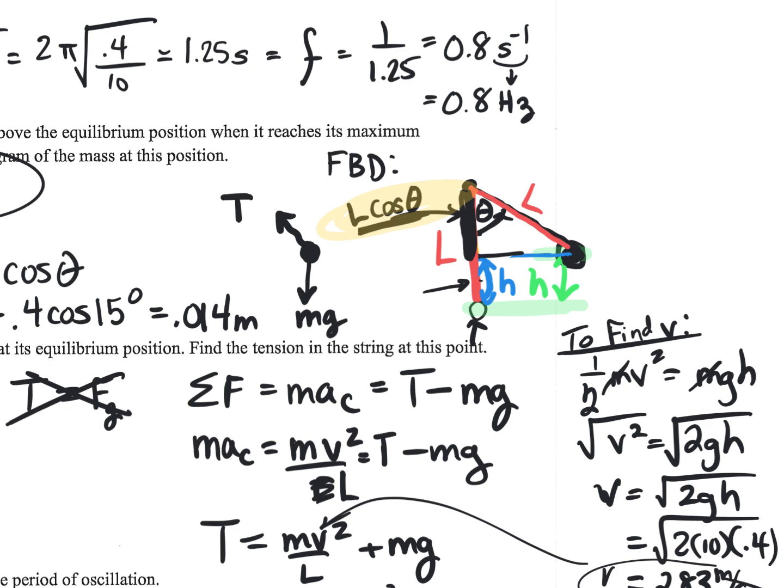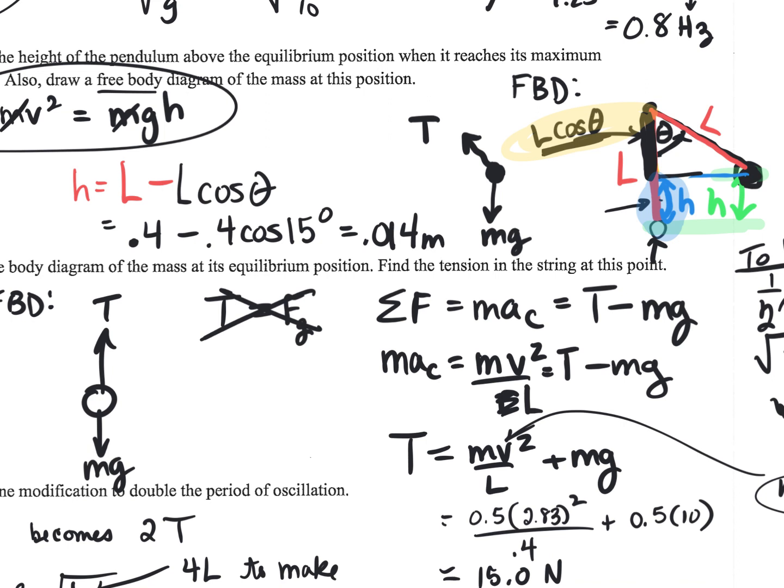Okay? So you need to know that this chunk right here is this right here. That's important to be able to find. I've seen that a lot. You have to be able to find that, okay?